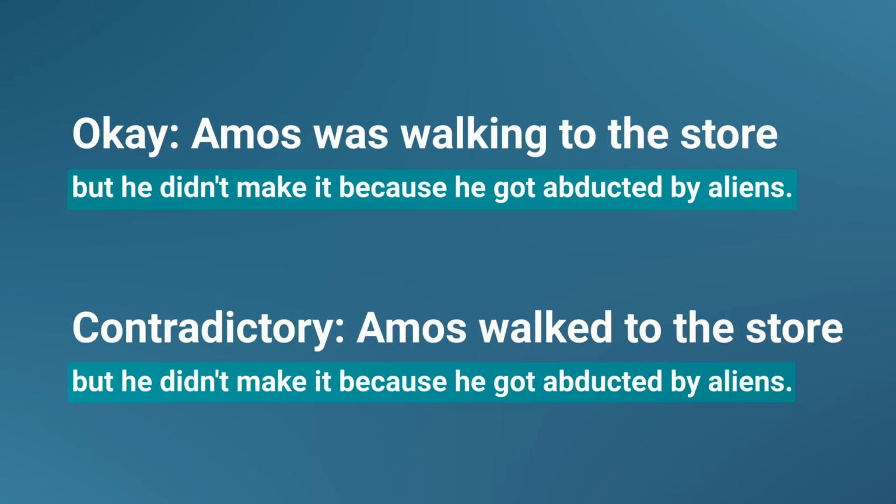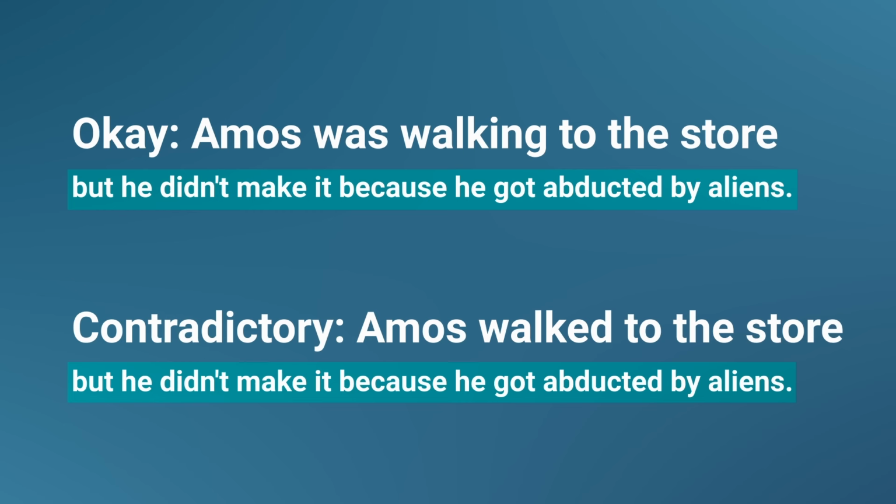However, this description with the progressive, "Amos is walking," does not tell us whether or not Amos actually reached the store. He could have been abducted by aliens just before he got there, so we cannot necessarily infer that Amos reached the store. In contrast, "Amos walked to the store," without the progressive, in the simple past does normally mean that Amos reached the store.